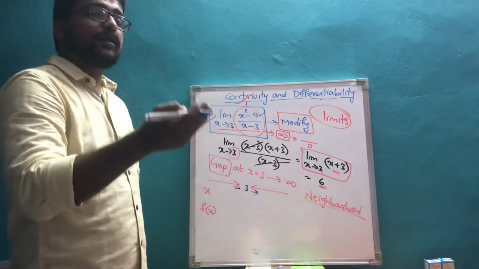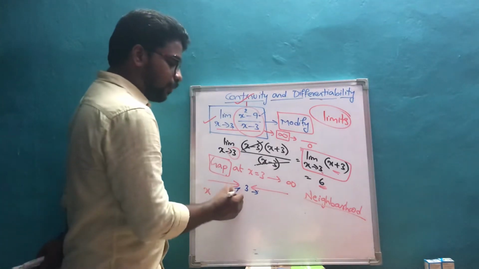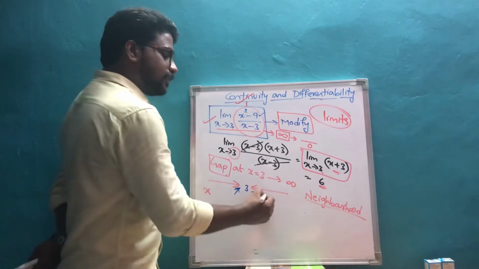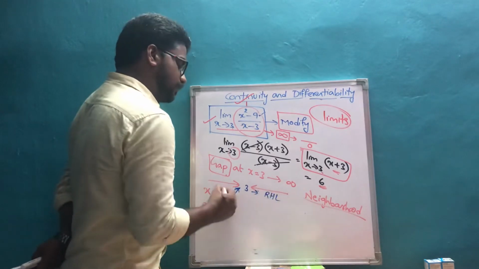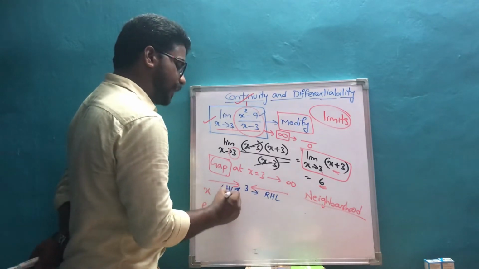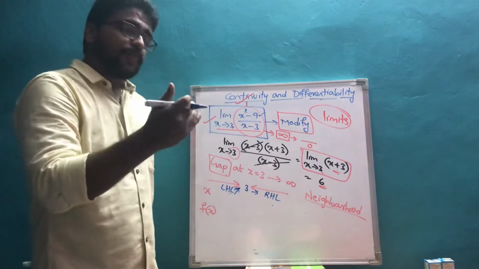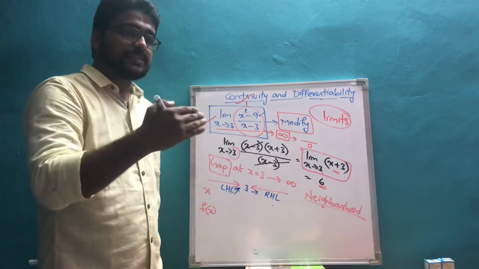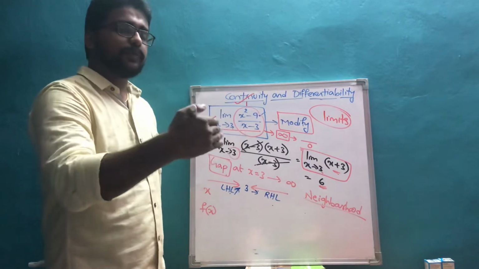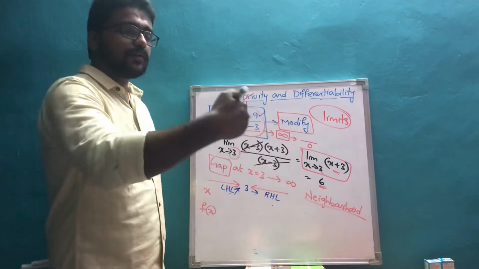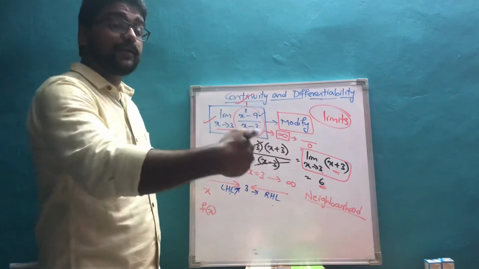So as you are evaluating the limit, this is called the LHL and this is called the RHL, indicating left hand limit and right hand limit, right? Now the neighbor is the person or the house that is immediately next to you.